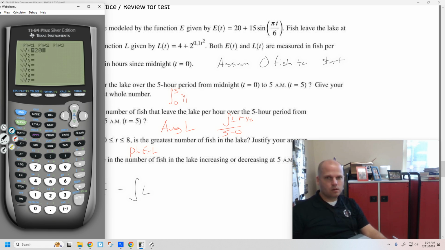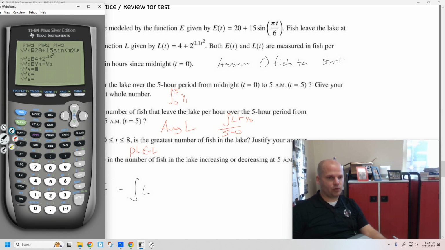E. L. E minus L. Since I am going to be doing a sign analysis of my derivative, again, if you wanted to, you could graph all three, but I really just want the third one.